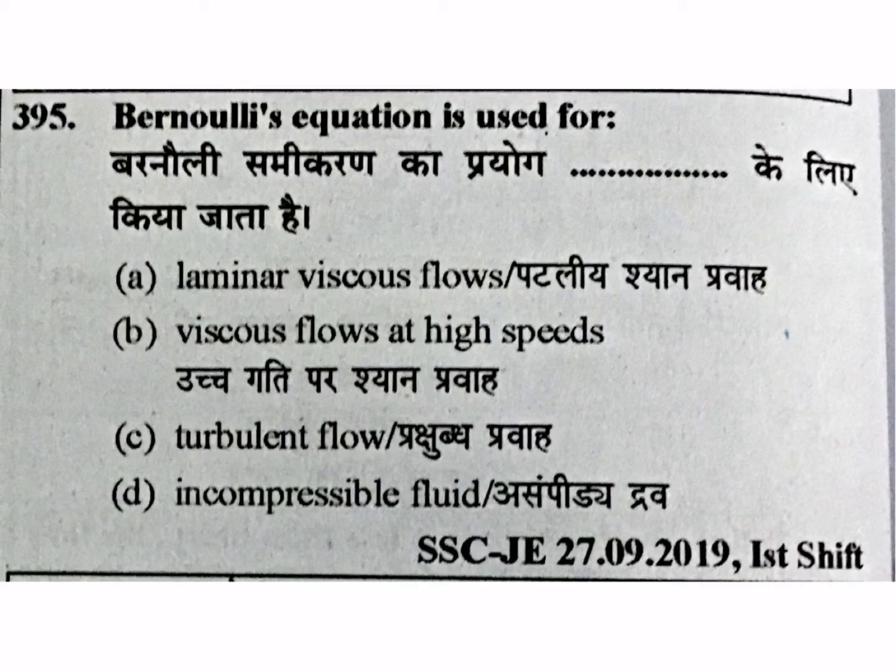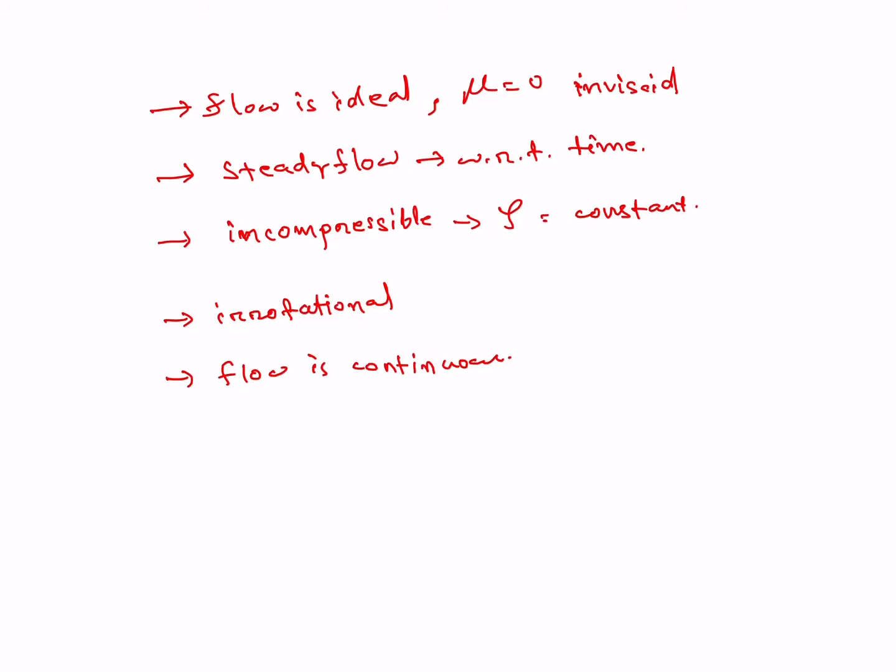So from the options we will check: Bernoulli's equation, laminar viscous flow, it should be in viscous flow. Viscous flow at high speeds, turbulent flow, incompressible fluid, yes. Incompressible means the density is constant. From this assumption, incompressible, rho is constant.